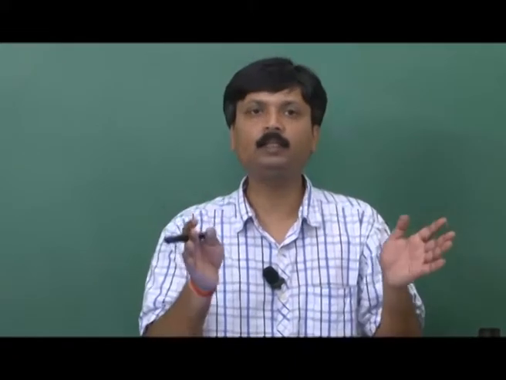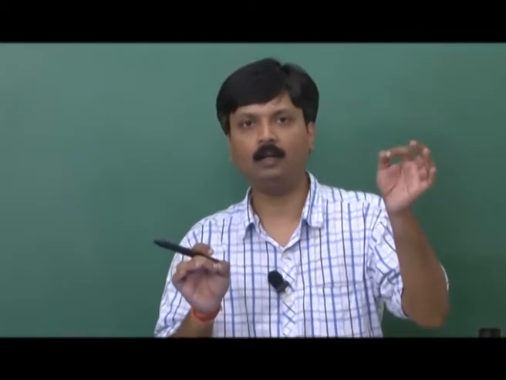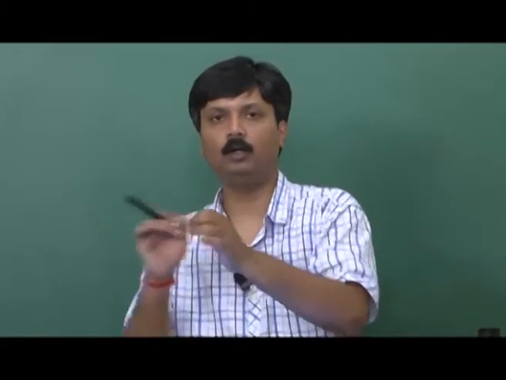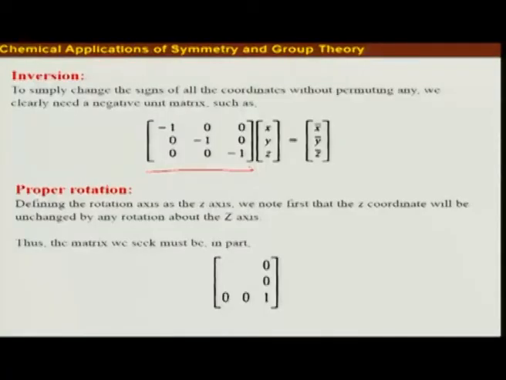So my matrix would then be a 6 by 6 matrix. Okay, and I will have 6 diagonal elements, which will dictate the fate of the points from the starting point to the ultimate structure. So that's about the inversion symmetry and its matrix representation.